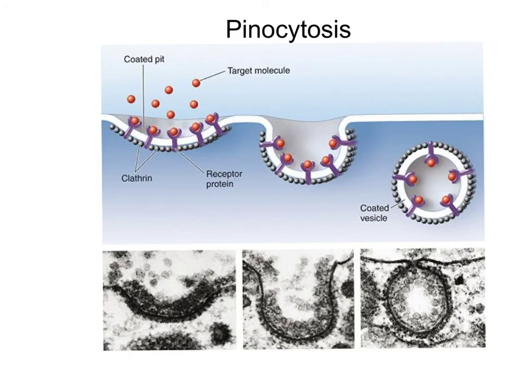And then it's actually going to bring it in and form a coated vesicle. Later, it can be absorbed for energy. So this is pinocytosis. It's nice to think of it as like a pinhole that forms. The interesting thing is that it actually forms a vesicle to surround it. Down at the bottom are actual images of this happening in nature.